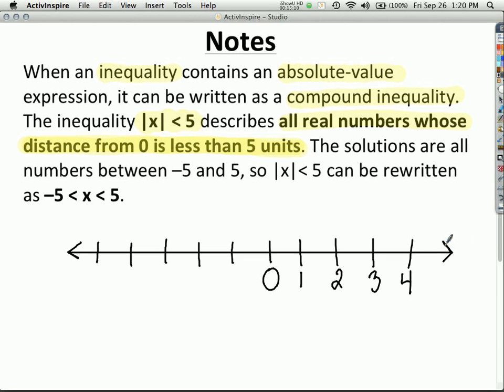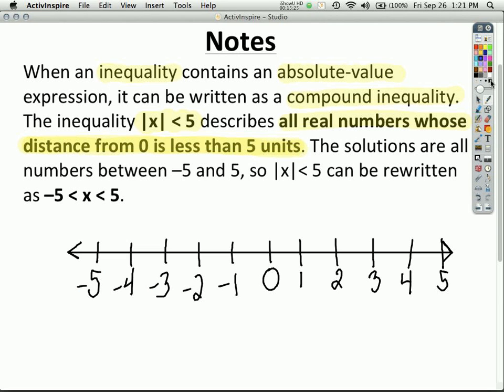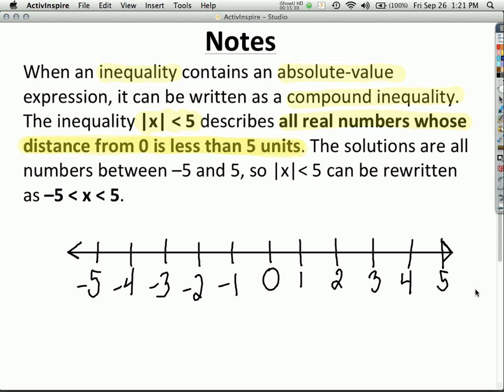And I left myself short, so I'll put in a 5 right there. -1, -2, -3, -4, -5. Can someone, or several people, give me a number from the number line that is less than 5 units from 0? So I want a number whose distance is less than 5 units from 0.